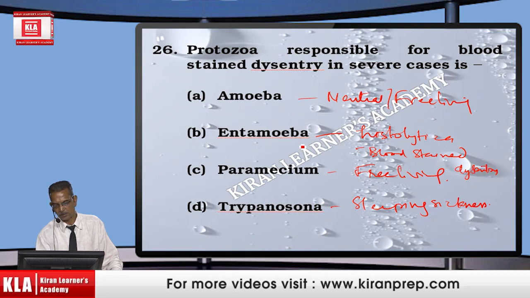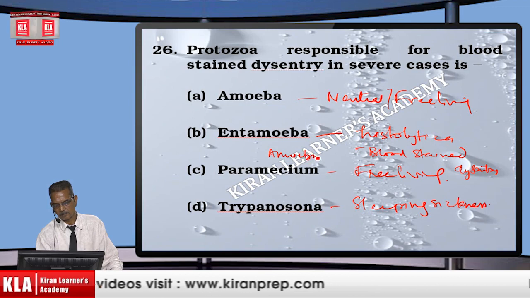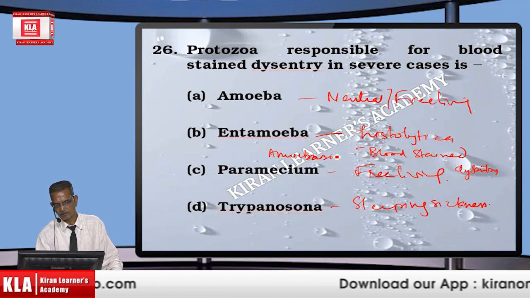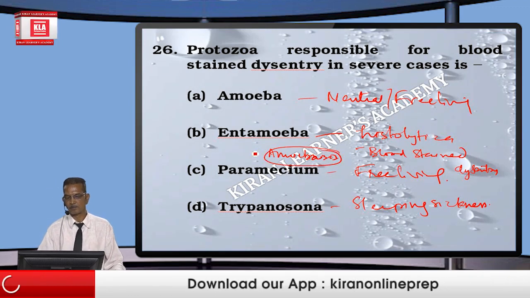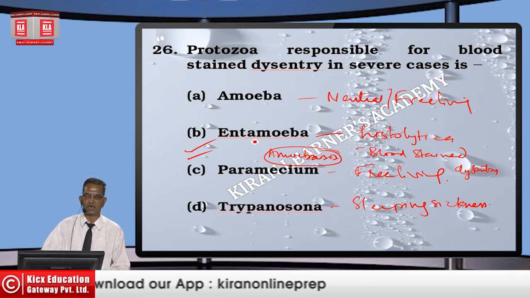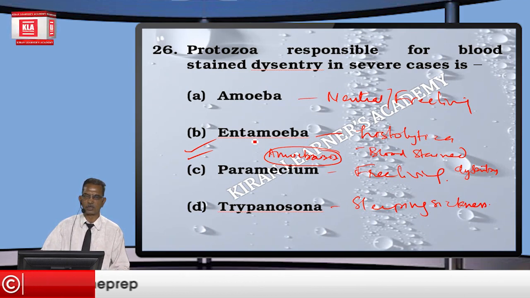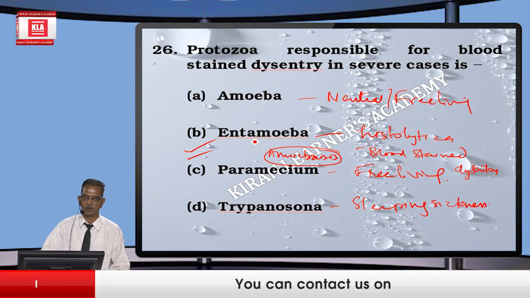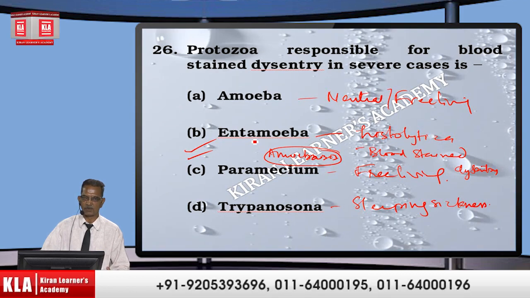And the disease is called amoebiasis. So the correct option is B. Entamoeba histolytica is the name of the protozoa that causes the disease called amoebiasis, characterized by the sign that the excreta is stained with blood.